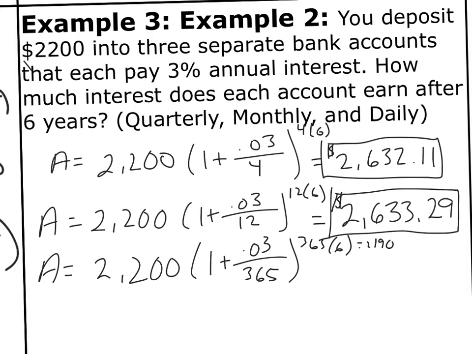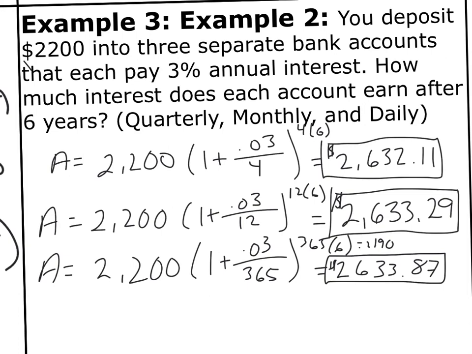And then raise this to the 2,190, times 2,200. And that gives me $2,633.87.